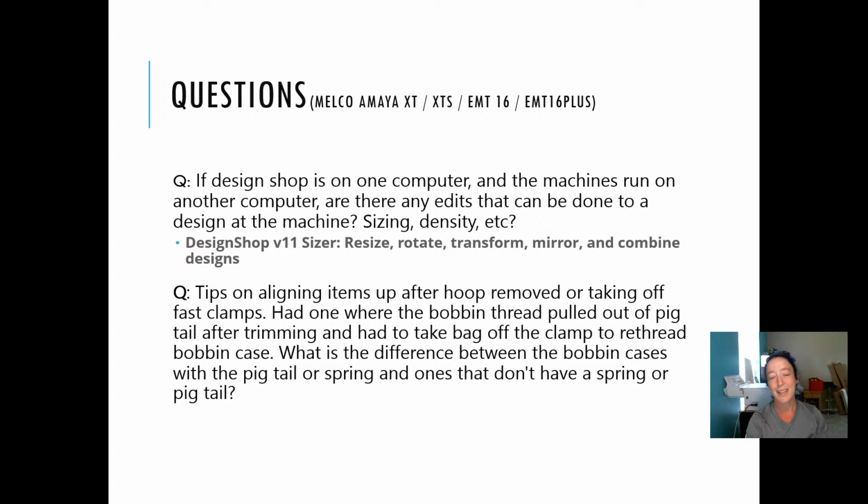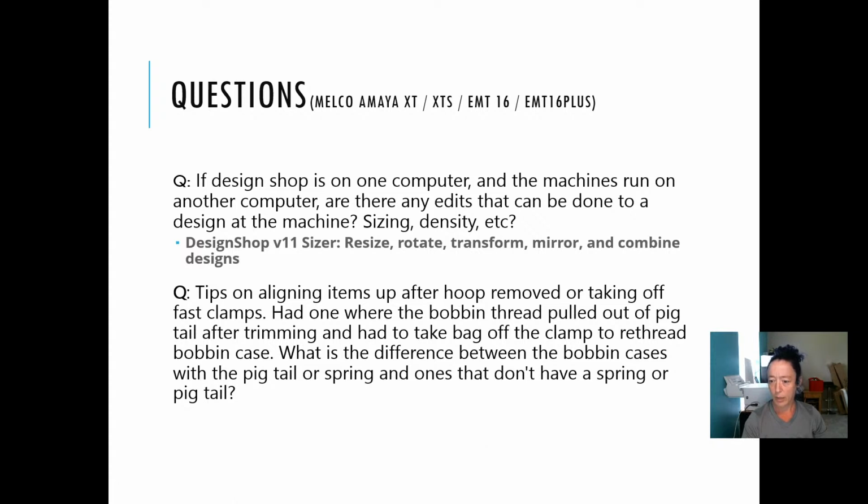Sometimes you can use that technique to recover things, but in general, particularly if it's got your clamps, just take the clamp off the machine. So that means rather than opening the jaws, use the thumb screws, take them off, set it aside, do whatever you're going to do with the bobbin, take the clamp, put it back. And then that's going to be your best chance of saving the project.